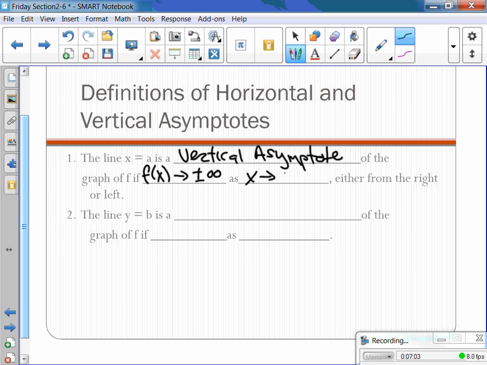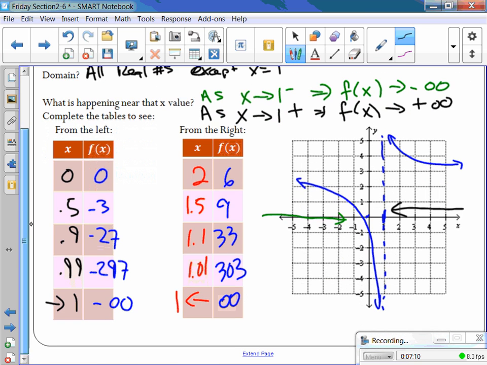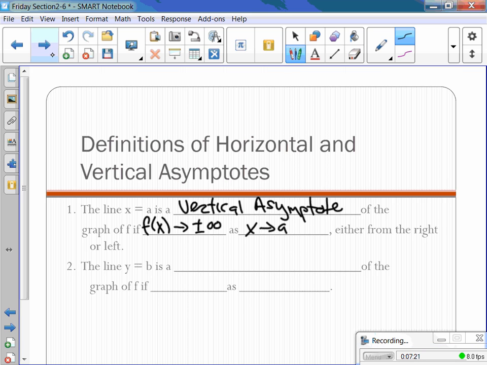So here we can see, as x approached 1 from either the left or from the right, our f of x is approaching negative infinity and positive infinity, defining a vertical asymptote.